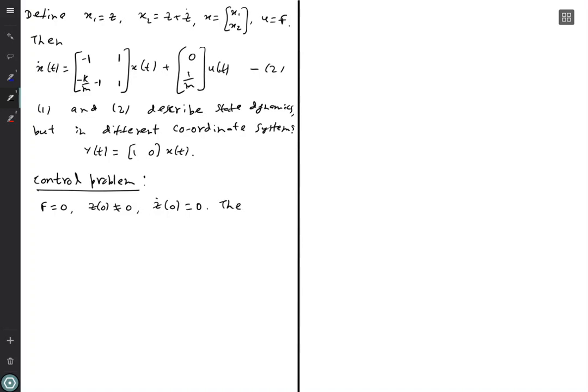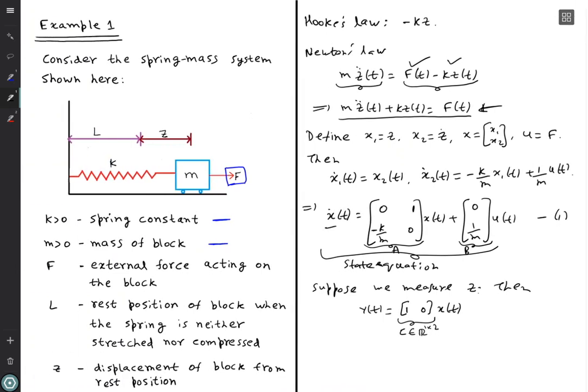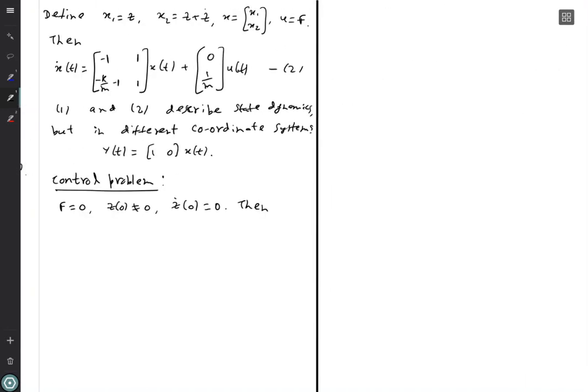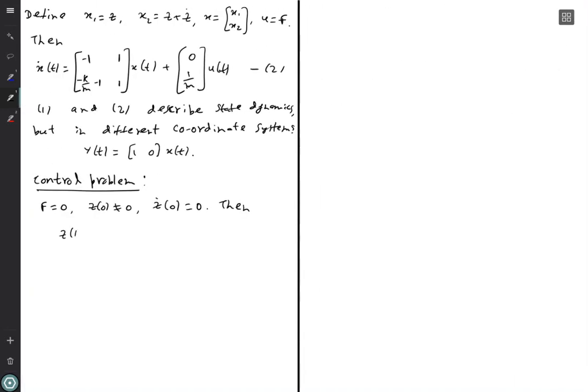Then if I look at this differential equation which is governing the dynamics, the solution z of t is given by this formula. z of t is z naught cos root k by m t for all t greater than or equal to 0. So if there is no external force with these initial conditions, the block is going to oscillate. It will not settle down at its rest position.